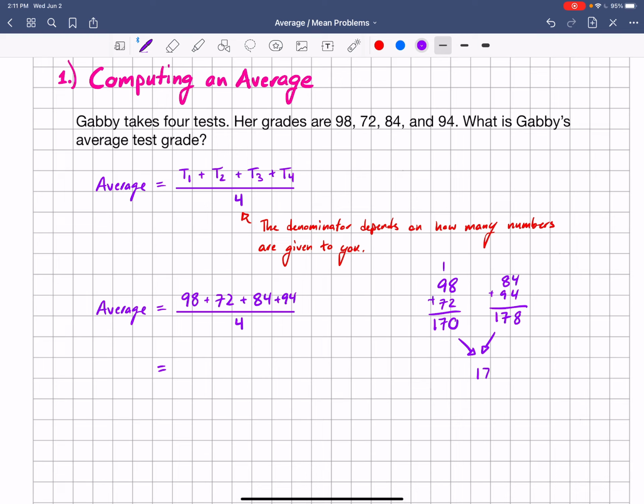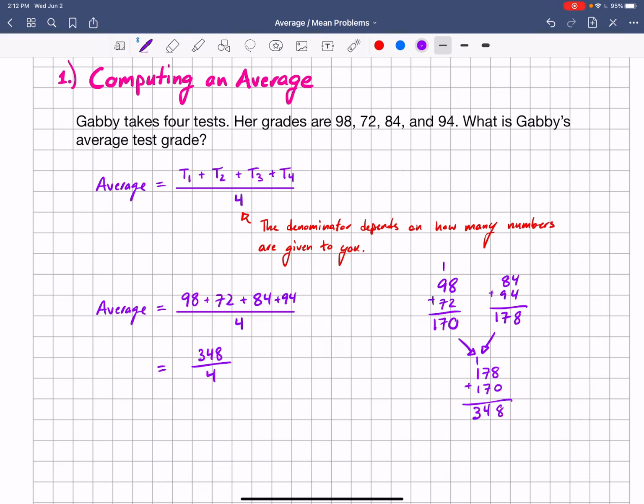So 178 plus 170. 8 plus 0 is 8. 7 plus 7 is 14. 1 plus 1 plus 1 is 3. Okay, so when we add up all the scores they add up to 348, but we still need to divide that by 4.